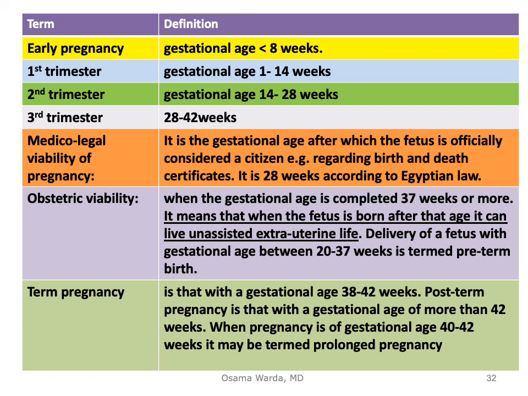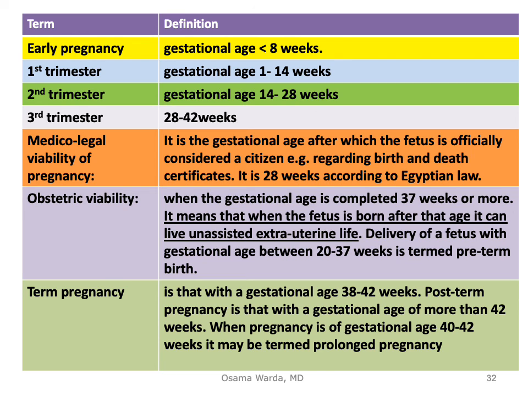Here we should mention these terms. Early pregnancy means gestational age less than 8 weeks. First trimester is from 1 to 14 weeks, second from 14 to 28 weeks, and third from 28 to 42 weeks. Medical legal viability is a legal term. It is of no medical importance. In the Egyptian law it is 28 weeks.